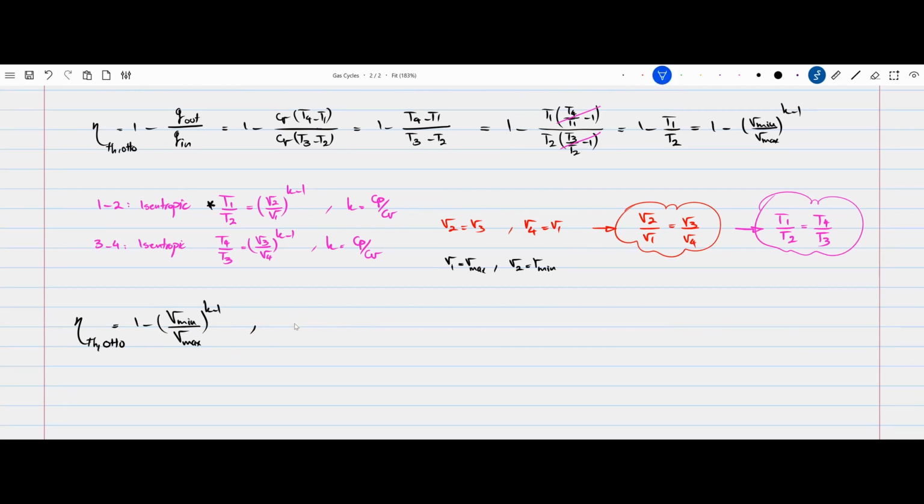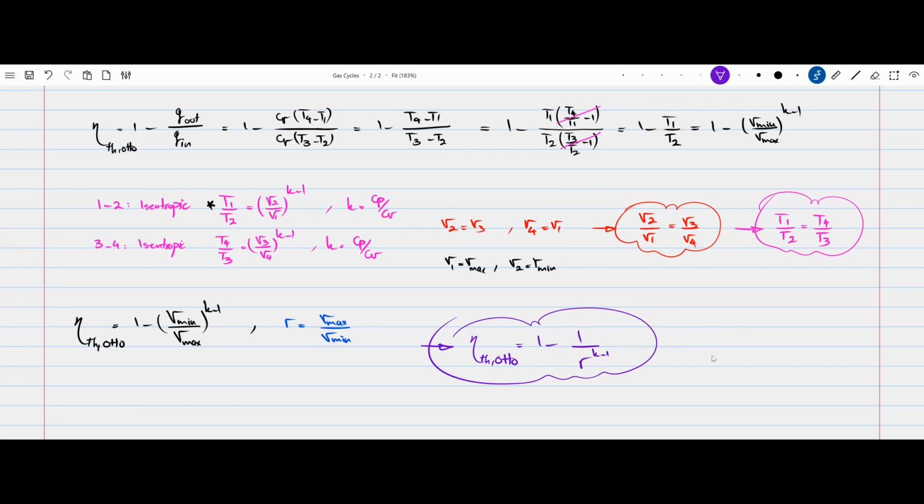Remembering that the compression ratio is defined as Vmax over Vmin, and combining everything together, we get the thermal efficiency for the Otto cycle is 1 minus 1 over (compression ratio R raised to K minus 1). As you can see, the efficiency of the Otto cycle is dependent on the compression ratio, R, and the specific heat ratio, Cp over Cv.